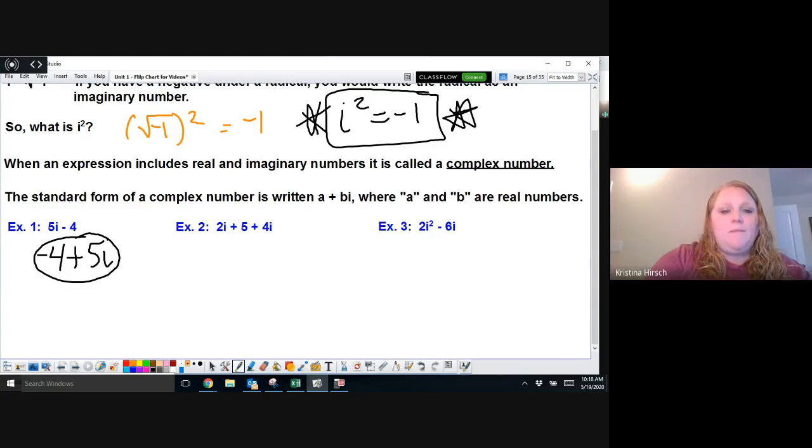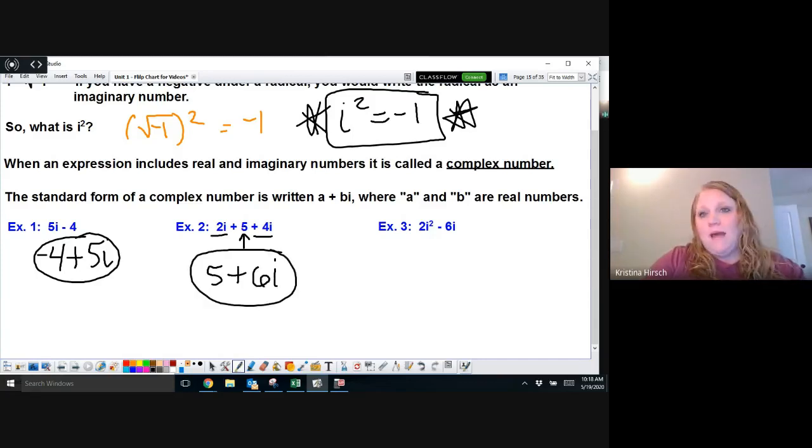For the second example, you have some like terms that can combine, but I don't really want to write 6I plus 5. Don't do that. Instead, if you're combining like terms, look at the part that is real, that doesn't have anything imaginary, and write that first. So we have a 5, and then we have our 2I and 4I to make 6I. Real before imaginary.